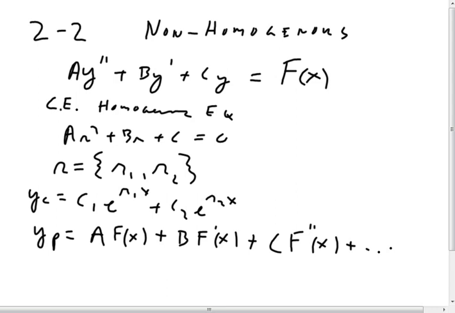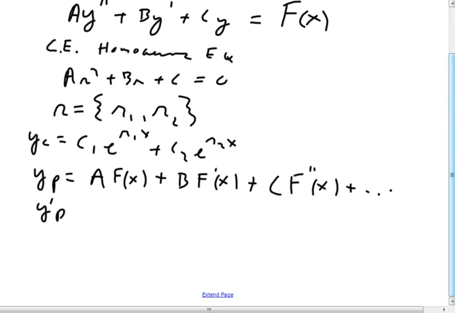But if this were a sine, for example, sine x, then what are the derivatives of sine x? Sine and cosine. So I would take the first derivative of the particular solution, and then the second derivative of the particular solution, and then I'd plug in, since I have A, B, C up there and A's, B's, and C's across there.